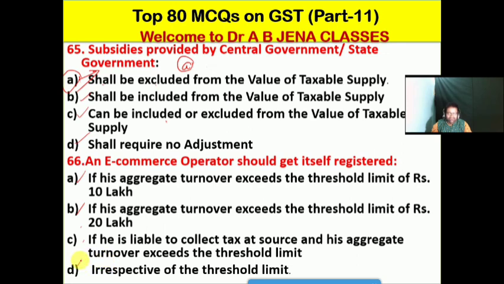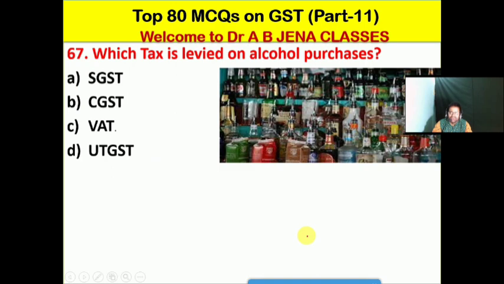D, irrespective of the threshold limit. Friends, so D is the right option for this MCQ. An e-commerce operator should get himself registered irrespective of the threshold limit. So D is the right option for this MCQ.